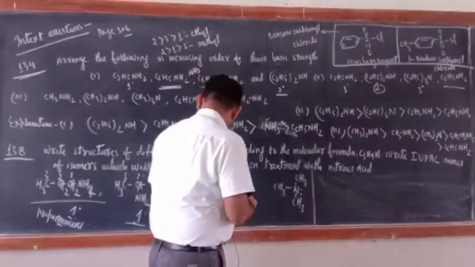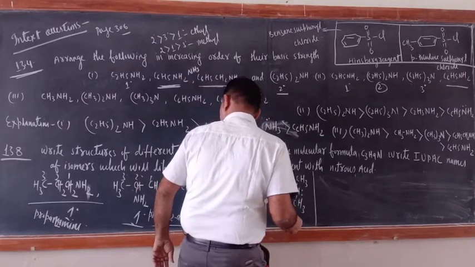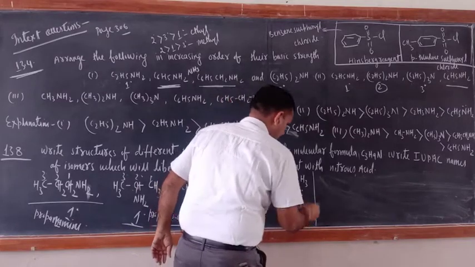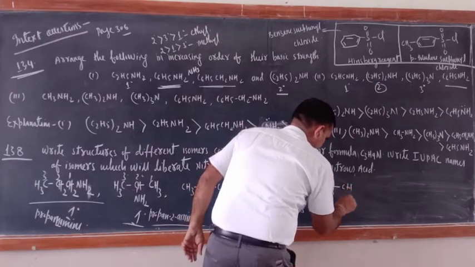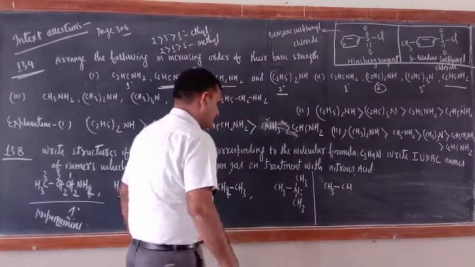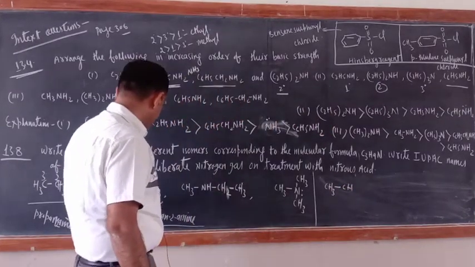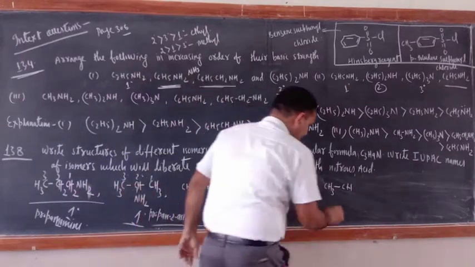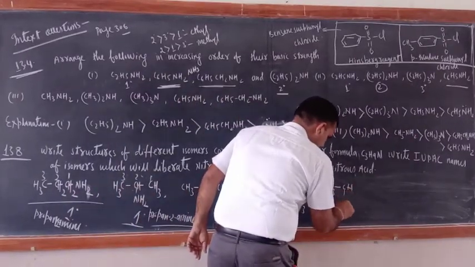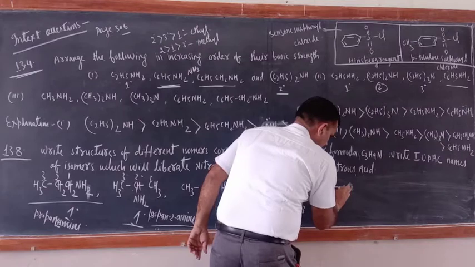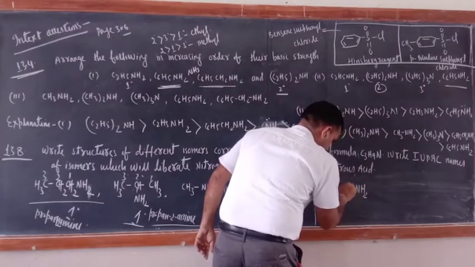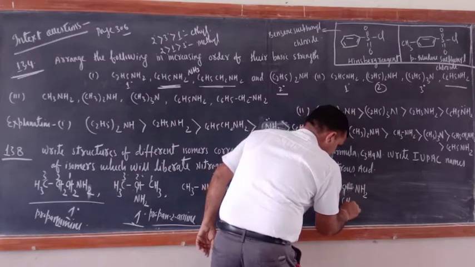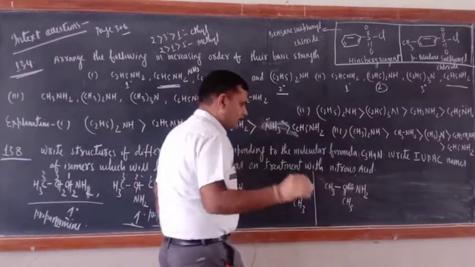First write down this one. CH3, CH, NH2, and here write CH3, okay, no problem.